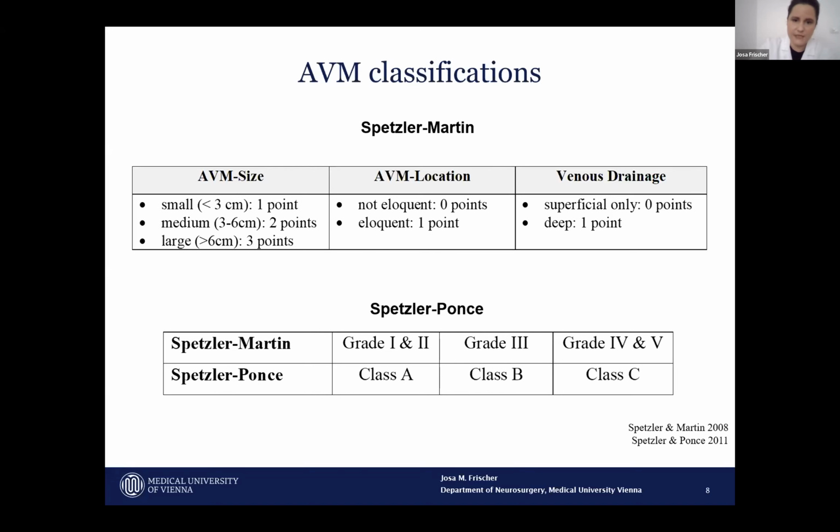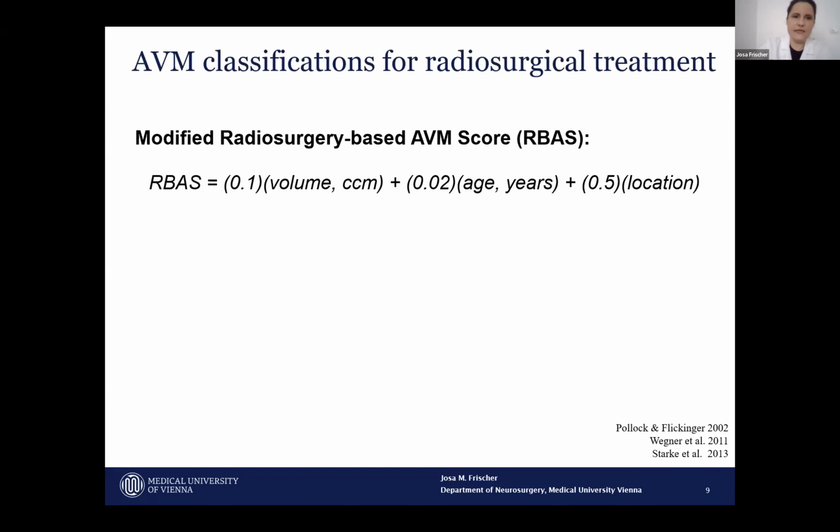Obviously, I want to mention that for radiosurgery, there are their own classifications that have been published, especially by the colleagues from the US.